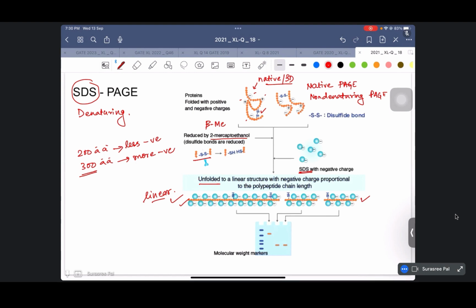Due to more resistance, this long chain will migrate slower, and the shorter chains will face less resistance, so they will migrate faster. So this, for example, corresponds to the longer chain, this band that is formed in this gel, whereas these two form bands here, so they migrate faster. So this is the role of SDS.